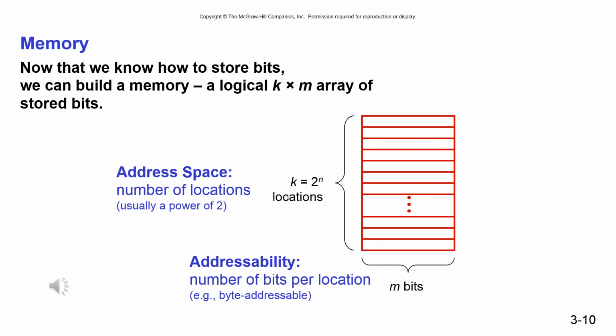Things didn't really start happening business-wise, engineering, scientific-wise, for personal computers until we got to the 32-bit version of the x86 instruction set architecture, because then we had 32-bit IEEE 754 floating point decimals. So the addressability is the number of bits per location.